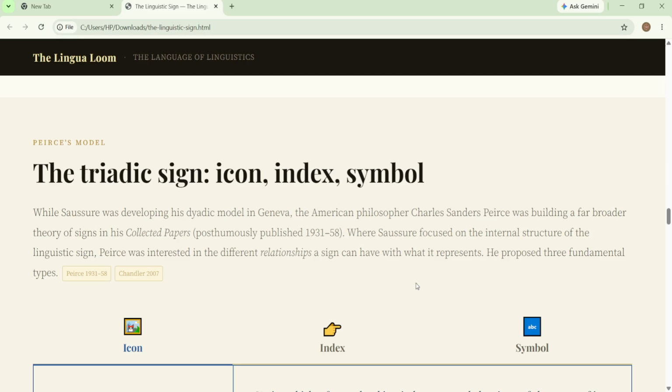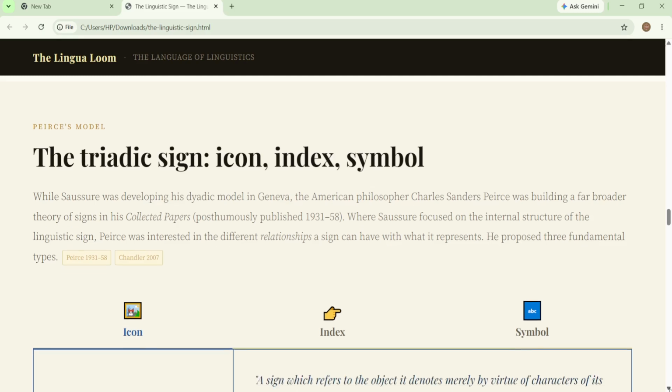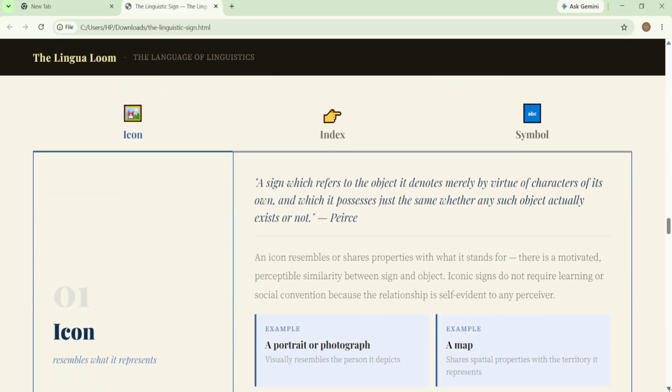Saussure focuses on the internal structure of the linguistic sign. Peirce was interested in the different relationships a sign can have with what it represents. He proposes the fundamental types, which are these three: icon, index, and symbol.